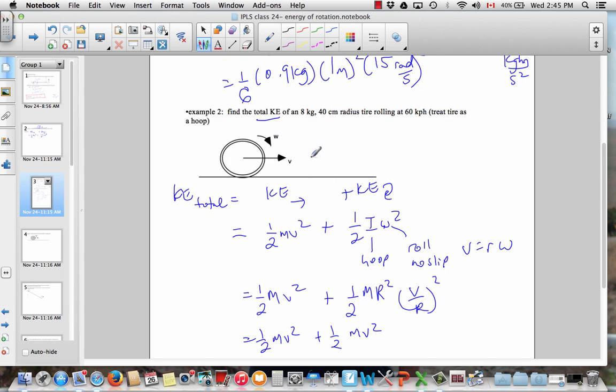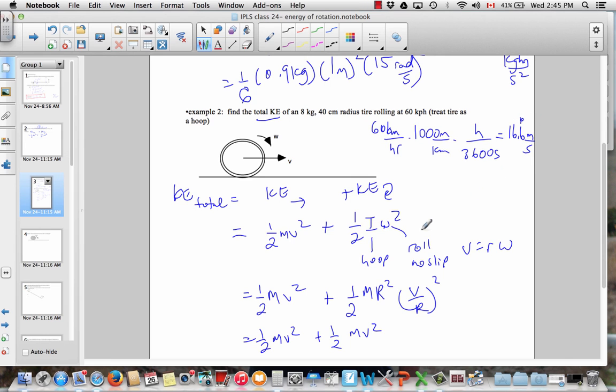So we could substitute in the 8 kilograms and the 60 kph, although we'll need to convert that, of course, because there's 1,000 meters in a kilometer, and then an hour is 3,600 seconds. Let's just pause and work that out. So it's 16.6 repeating meters per second.